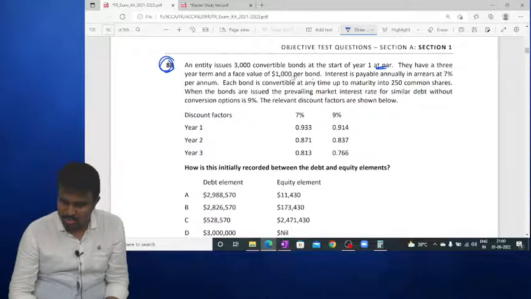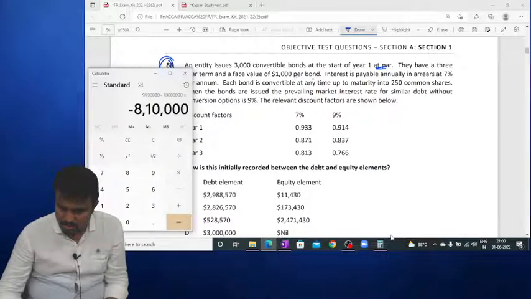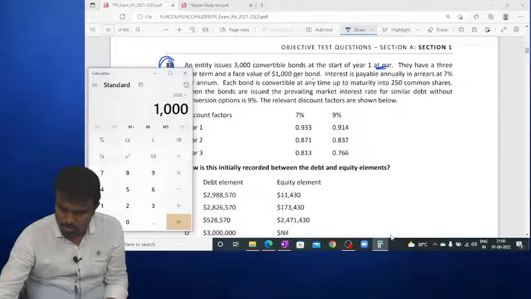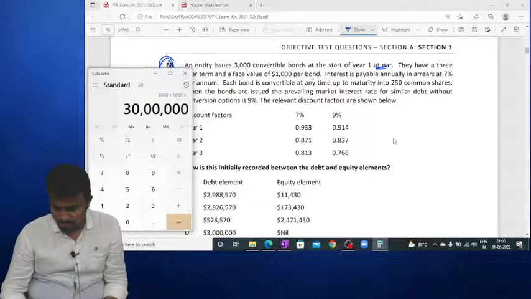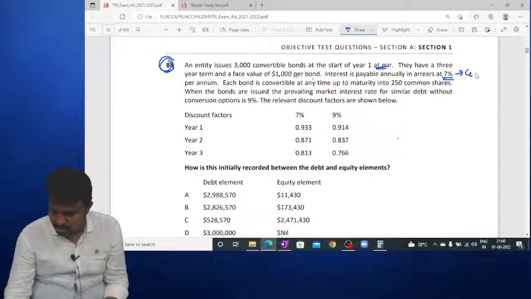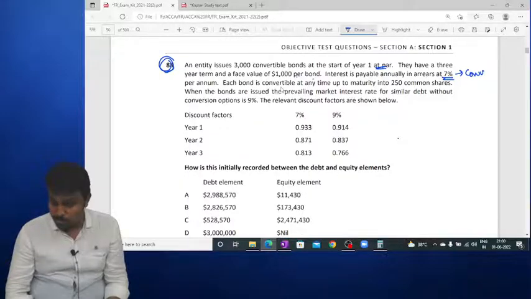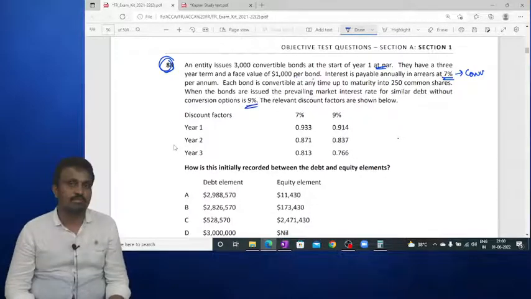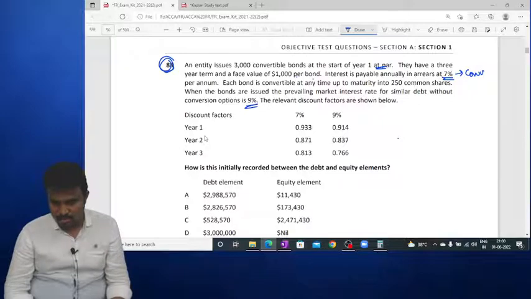So 3,000 into 1,000 is 30 lakhs. Interest is payable in arrears at 7%. Each bond is convertible at any time up to maturity into 250 common shares. When the bonds are issued, the prevailing market interest rate for similar debt without conversion option is 9%. The relevant discount rate factors are shown below.